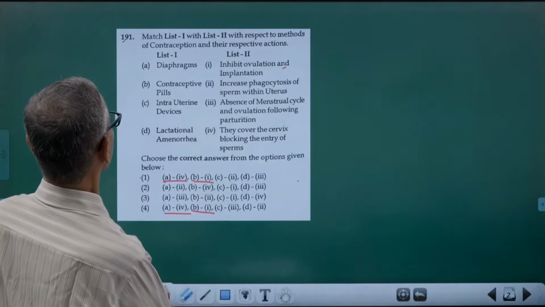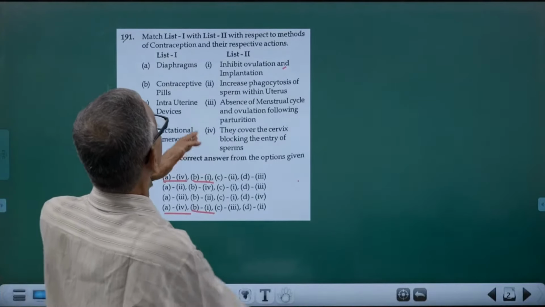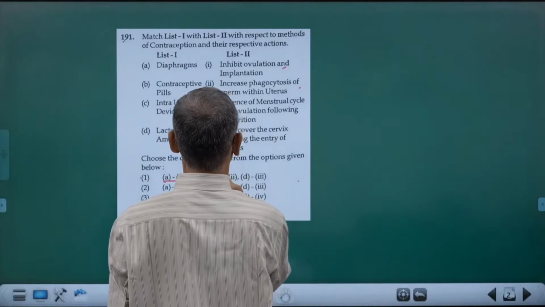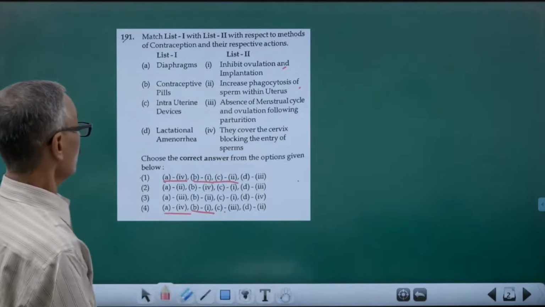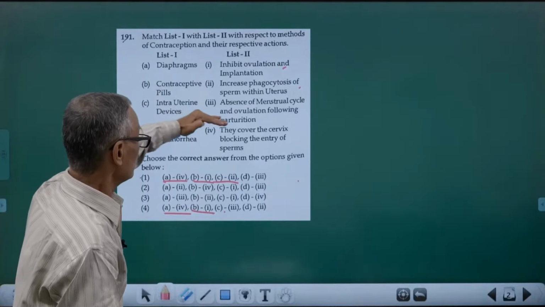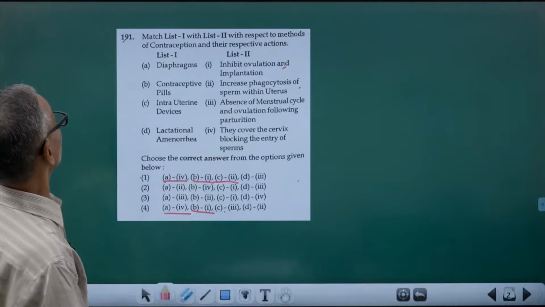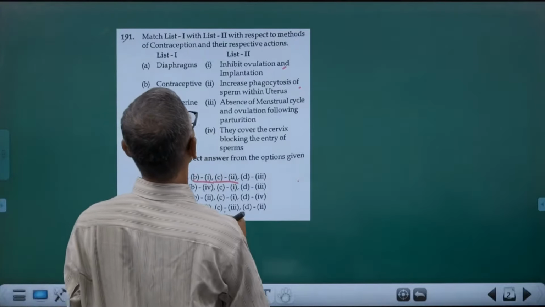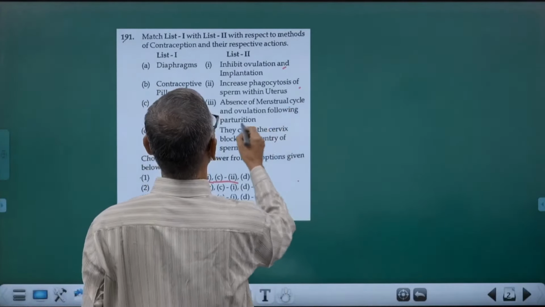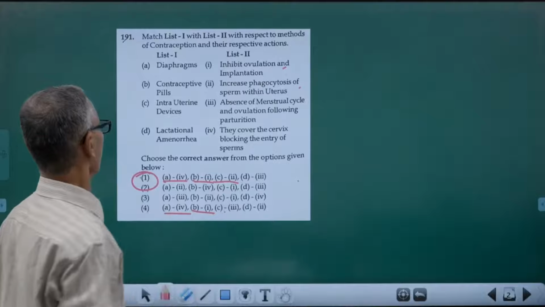IUD, intrauterine device, increases the phagocytosis of the sperm. This is correct. Only when we reach the third level or third set, we will arrive at the correct answer. Lactational amenorrhea, absence of menstrual cycle and ovulation following parturition. Okay, so the option goes to 1.